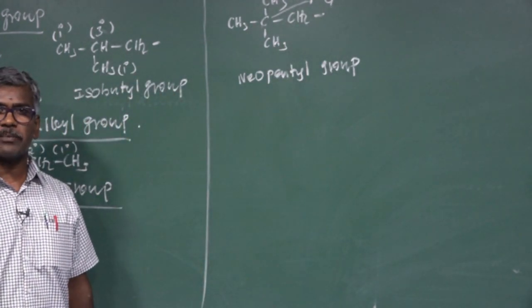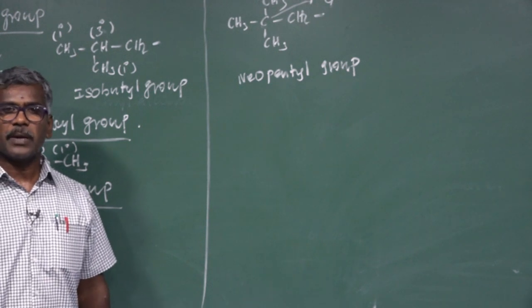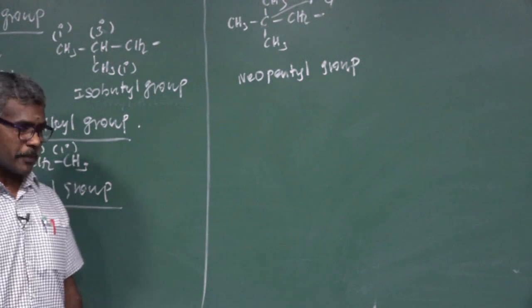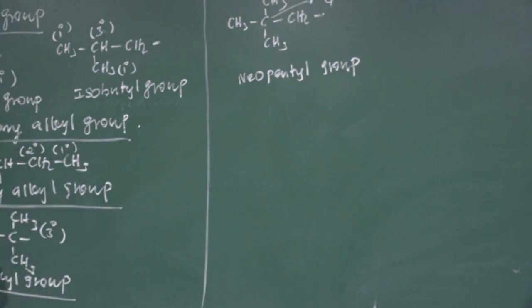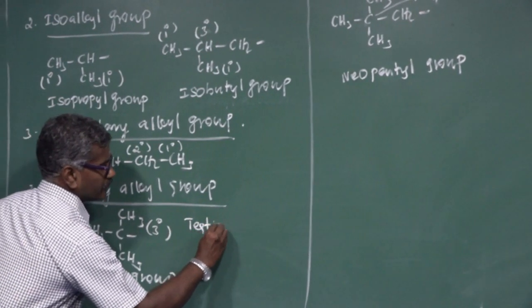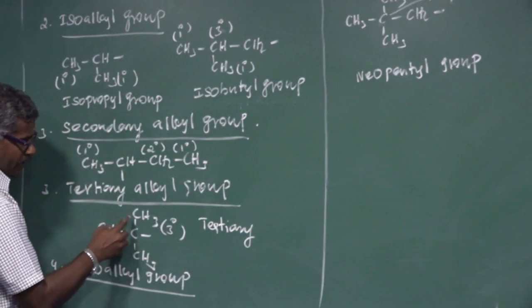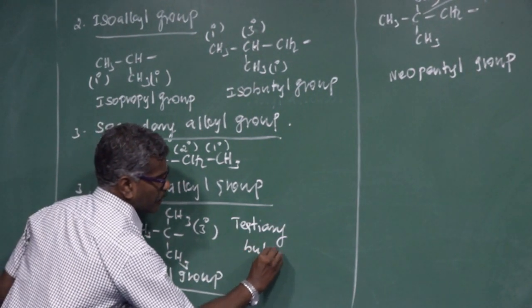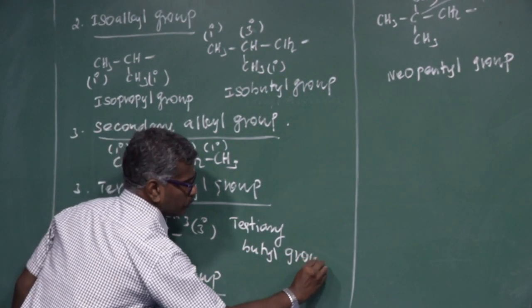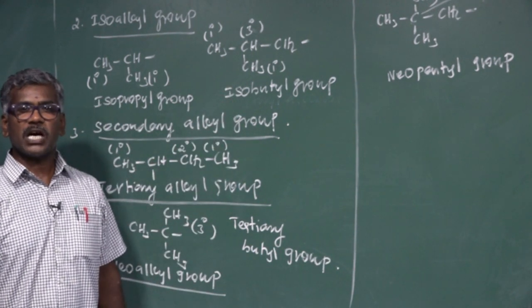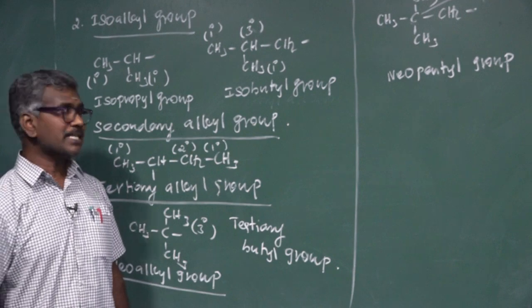Types of carbon atoms can be classified into primary carbon, secondary carbon, tertiary carbon, and quaternary carbon. Tertiary butyl group. These are some names of saturated and unsaturated compounds.